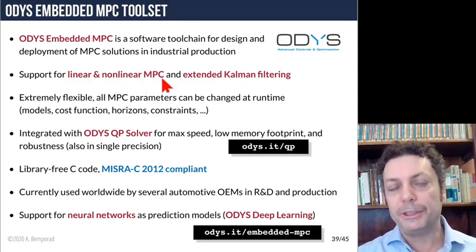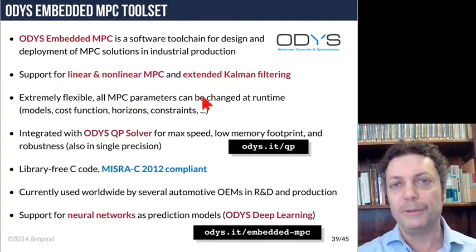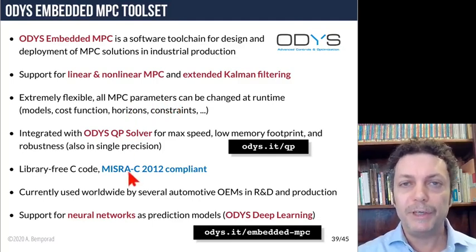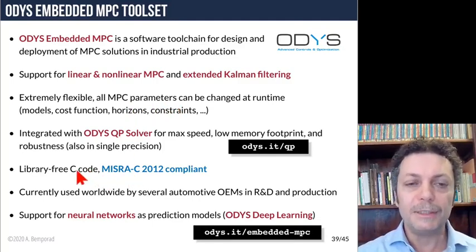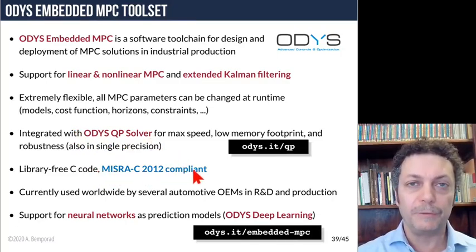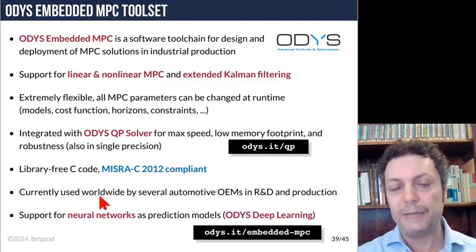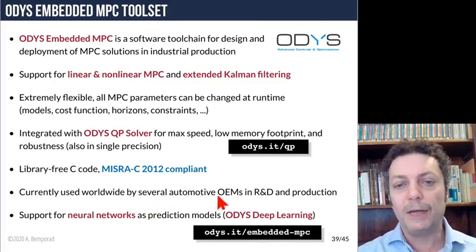It supports linear and nonlinear MPC control and extended Kalman filtering, and it's quite flexible, so you can change at runtime virtually everything: the models, the prediction horizon, the weights, the constraints, everything in principle can be changed at runtime, because the QP problems are constructed at runtime using a very, very efficient C implementation of the constructor, as well as the QP solver that has been implemented, and it's library free and MISRA C 2012 compliant, so that it can be used in automotive applications, and is actually currently used worldwide by different automotive OEMs in R&D and production projects.